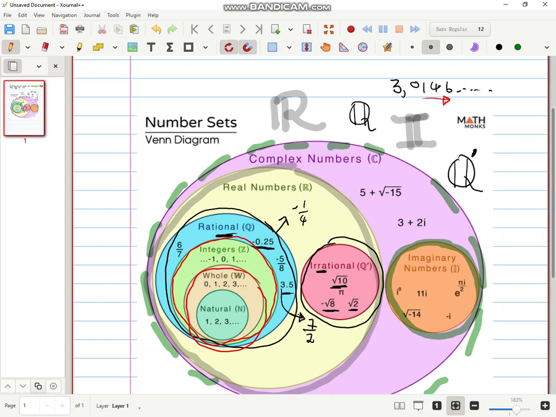And by the way, your integers are represented by this sign. So you need to be able to remember these symbols, right?